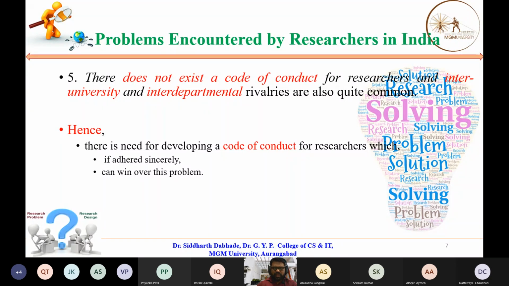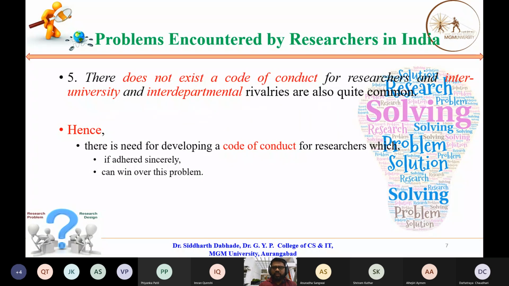I think 3, 4, 5 years ago, the UGC made plagiarism checking compulsory before submitting your final thesis. So we need to minimize plagiarism.